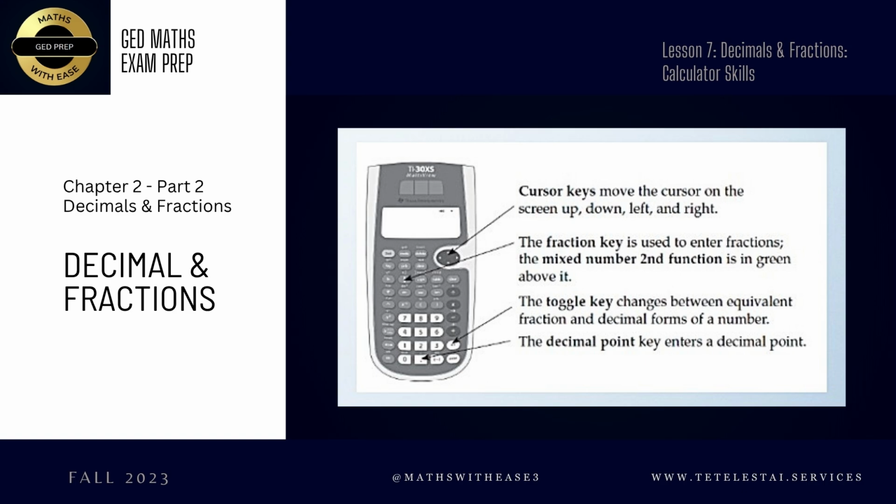And then this is your decimal point key that we made reference to earlier. It's difficult to see, but it's right below the input for 2, your digit input for 2. You'll see your decimal point key right below that.